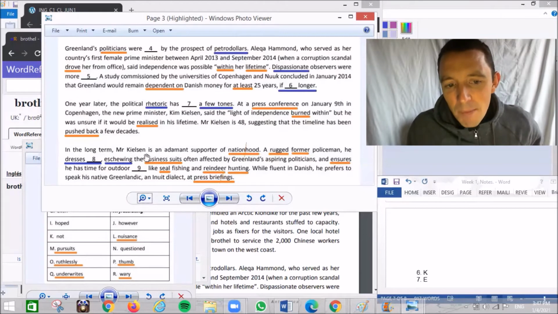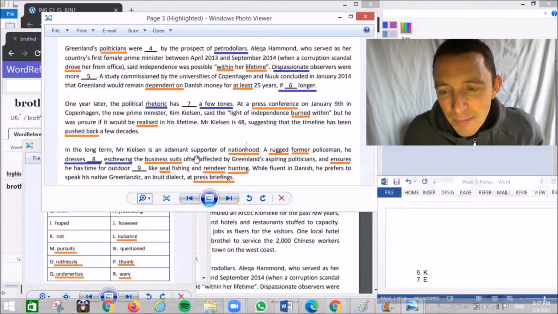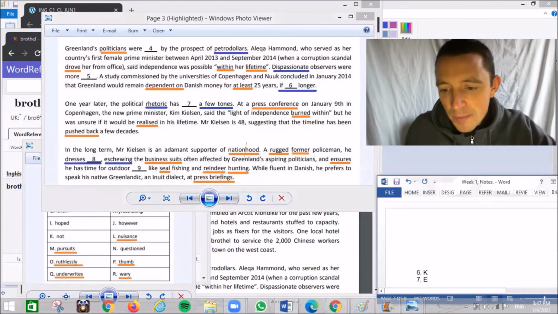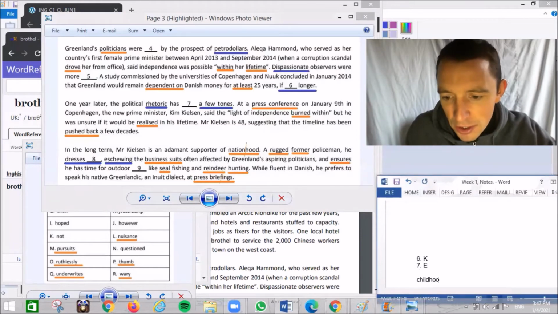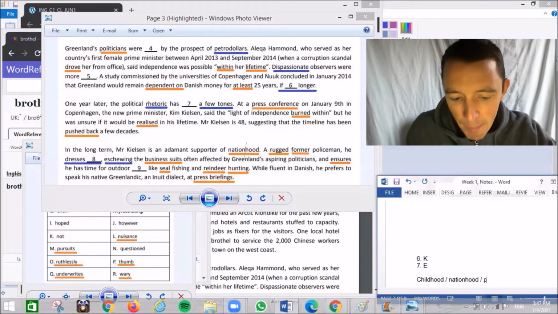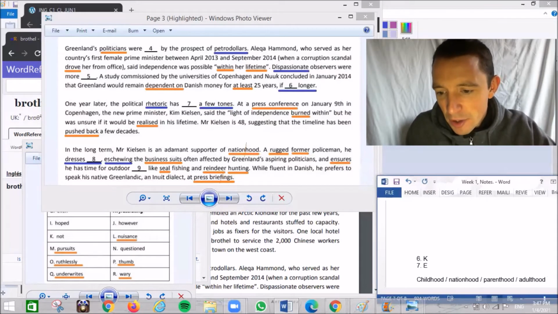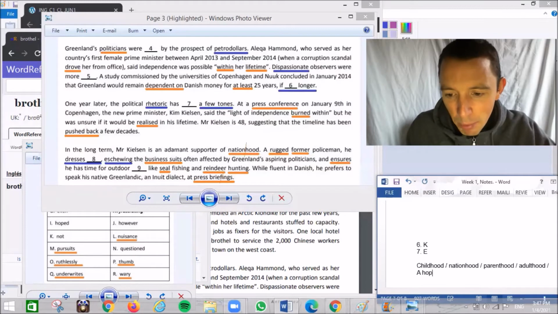In the long term, Mr. Kielsen is an adamant supporter of nationhood. So the suffix here is very important. You have childhood, nationhood. I'm going to write it here. Childhood, nationhood, parenthood, adulthood. There are a few other examples, but remember, a hood is a capucha.